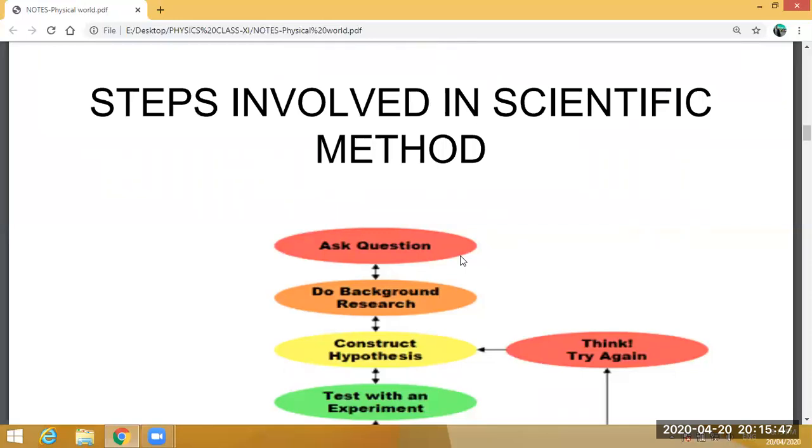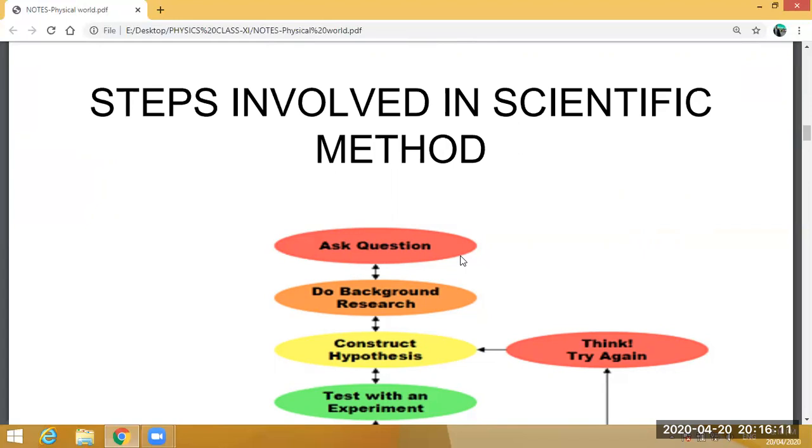And after that, search out the answer to that question. In order to search out the answer, do background research. That means you must research behind that question. Your research must be around that question.